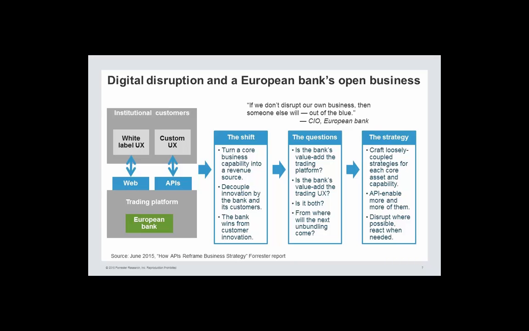Is it their trading platform, or is it their user experience, or is it both? Or is something else going to be unbundled from these in the future? Is a piece of the trading platform going to get unbundled in the future?